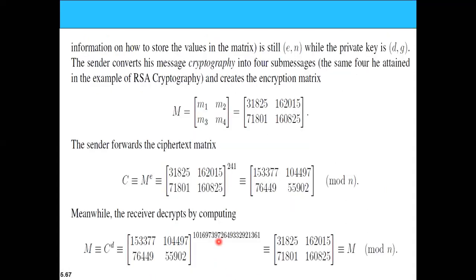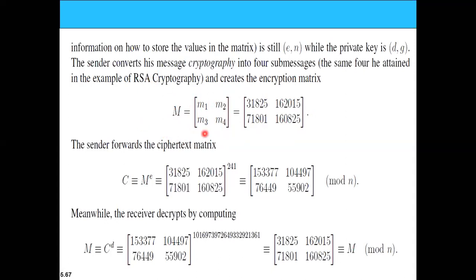Like in the previous example, we decomposed our message into chunks, M1, M2, M3, and separately applied RSA. But here we don't apply RSA separately; we take these 4 chunks as a 2 by 2 matrix, because we are using the general linear group of order 2 over Z_n, which means all 2 by 2 matrices.